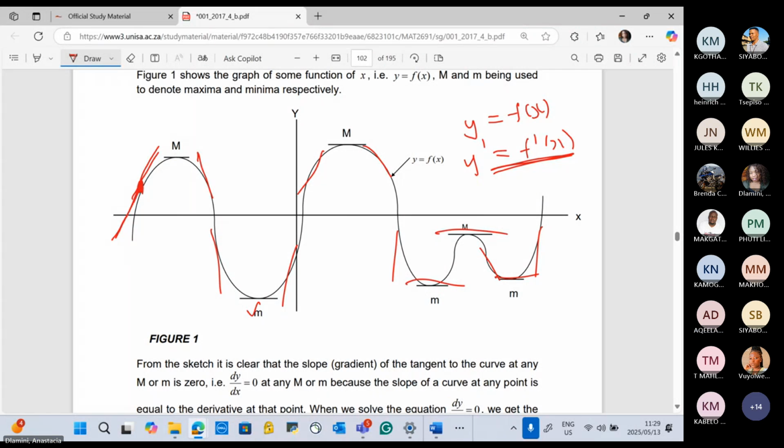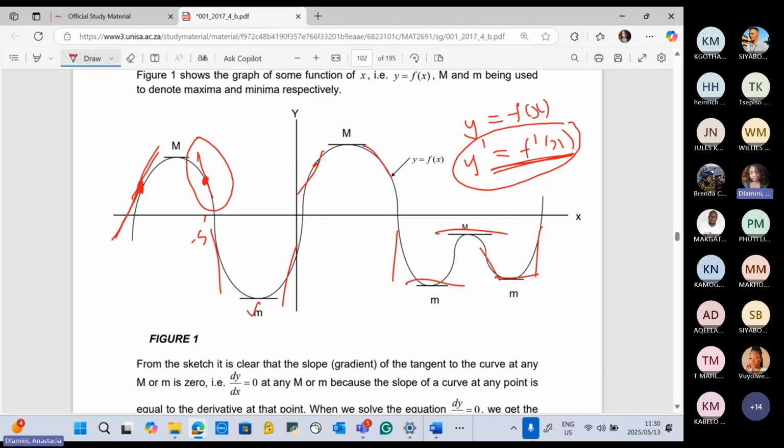Now, as soon as you substitute the x value, you then get the gradient of a tangent at that specific x value. So if this one, its x value was -5, if I go into this derivative and substitute -5, it will give me the slope of this tangent line.